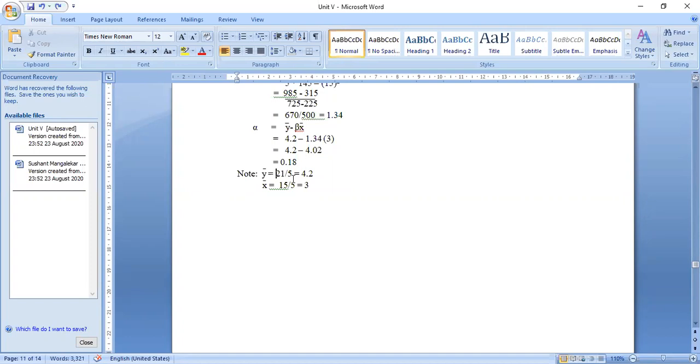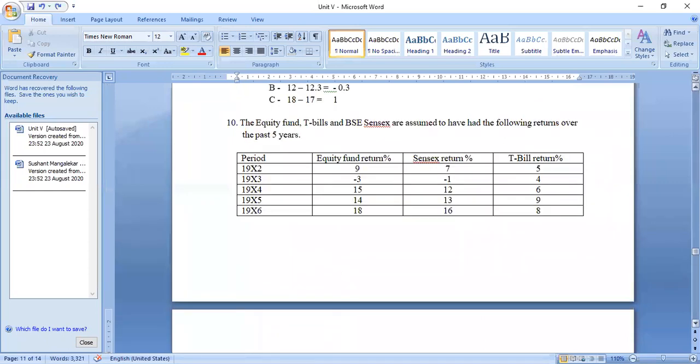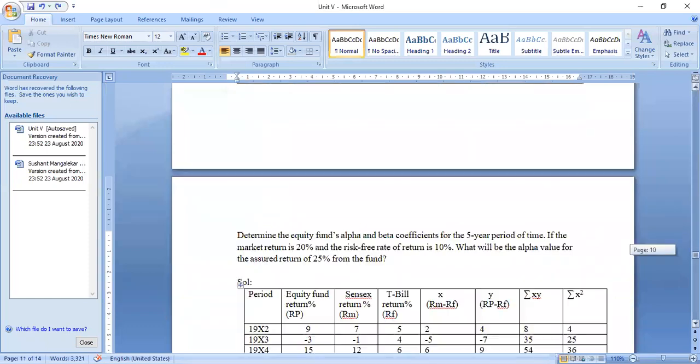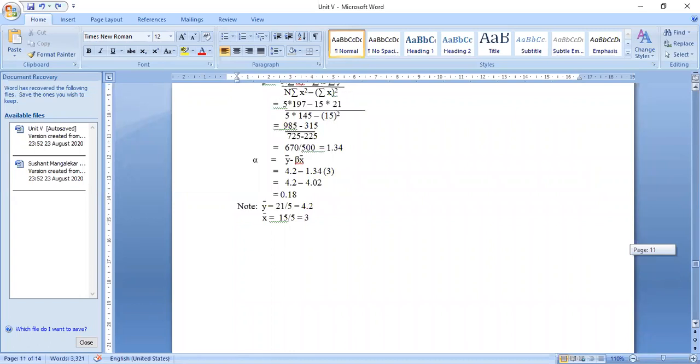That is 4.2. Then for x bar, summation x is 15 divided by 5, and we get the mean value as 3. These values we are going to substitute in alpha, because the alpha formula is y bar minus beta into x bar.